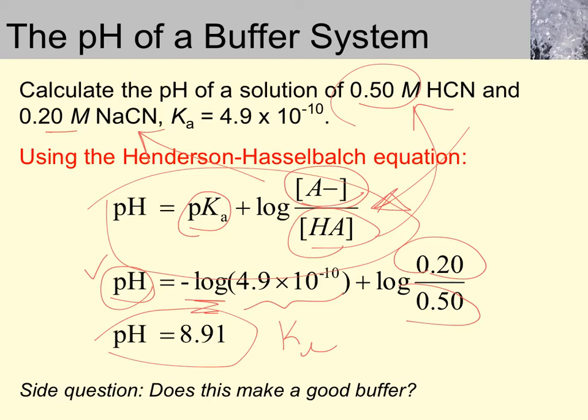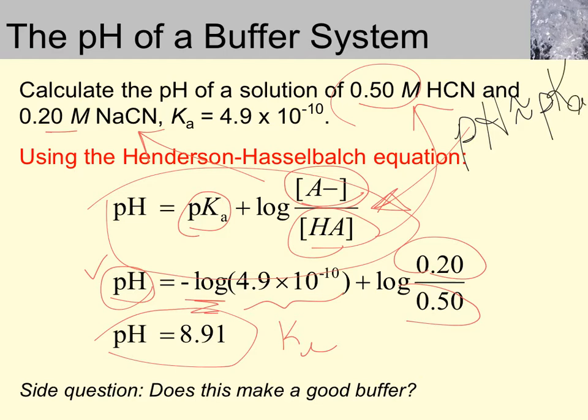One little thing, if this makes sense to you and helps you, great. If it confuses you more, please ignore it for now. But kind of a check for yourself, remember that the best buffer systems have pH values that are very close to the pKa value, all right?